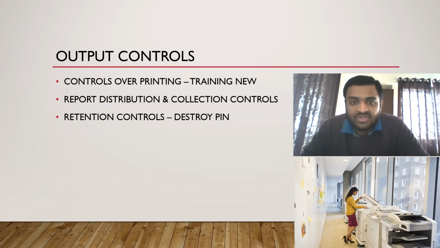Sometimes on the first page of the printout, we will have the details: this is the person who has requested these resources, this is the location of the person requesting the resources, and this is the level of clearance accordingly. So those are basically report distribution and collection controls.